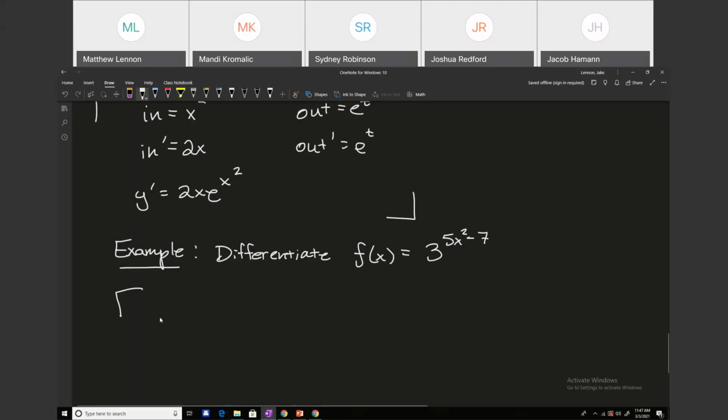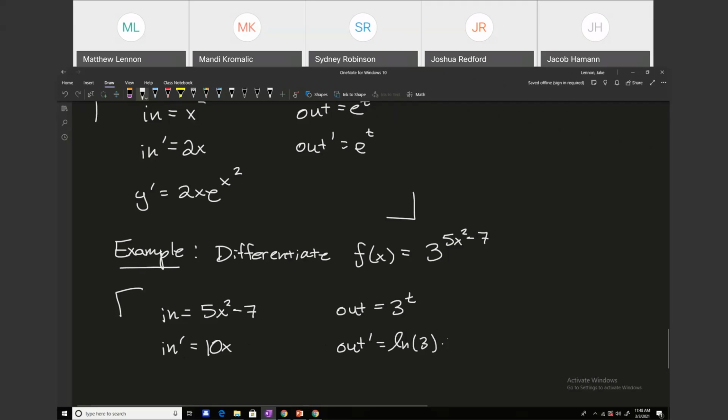So our inside function here would be the exponent 5x squared minus 7. And our outside, we would just replace that exponent by t, so that would just be 3 to the t. So then the inside prime is 10x, and the outside prime would be the natural log of 3 times 3 to the t.